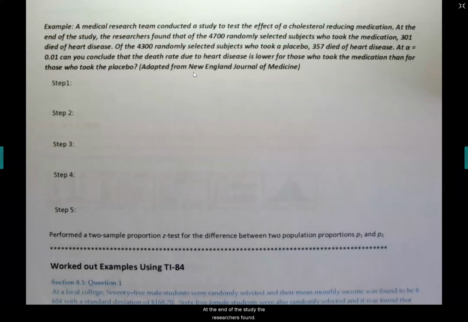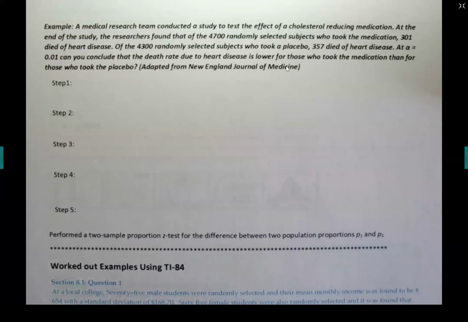At the end of the study, the researchers found that of the 4,700 randomly selected subjects who took the medication, 301 died of heart disease. Of the 4,300 randomly selected subjects who took a placebo, sugar pill, 357 died of heart disease. At alpha equals 0.01, can you conclude that the death rate due to heart disease is lower for those who took the medication than the ones who took the placebo? Adapted from the New England Journal of Medicine.